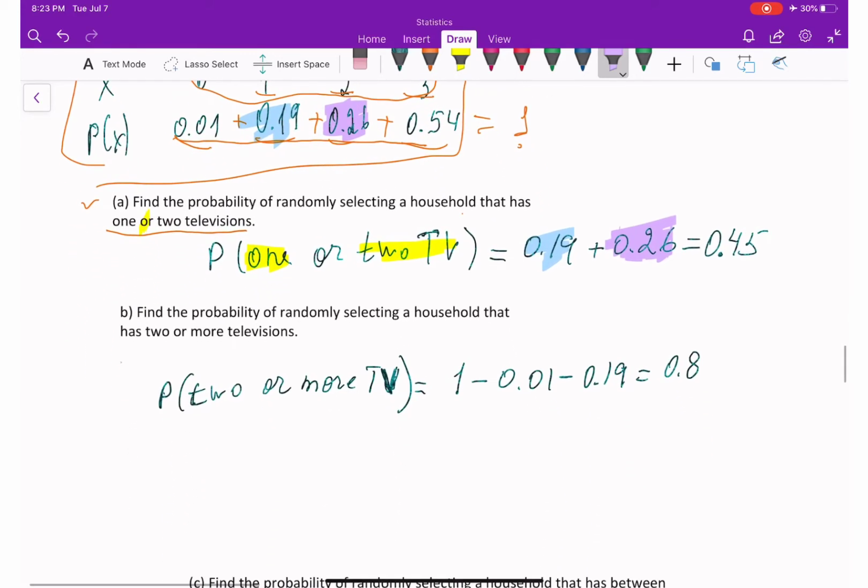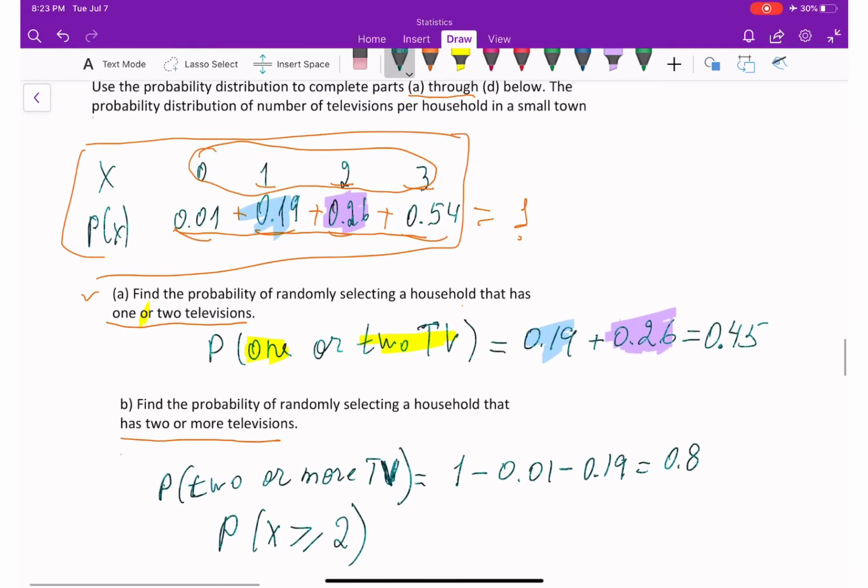B, find the probability of randomly selecting a household that has 2 or more, greater equal to 2 or more. That's the same thing I can write down here. Probability of x greater equal to 2 or more. Okay? So 2 or more, we have what?